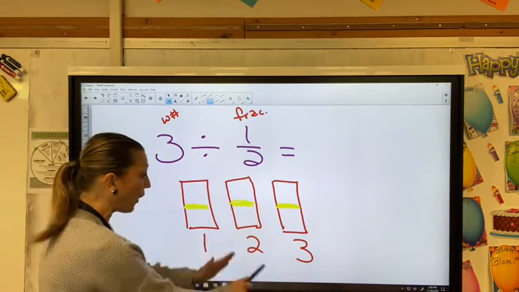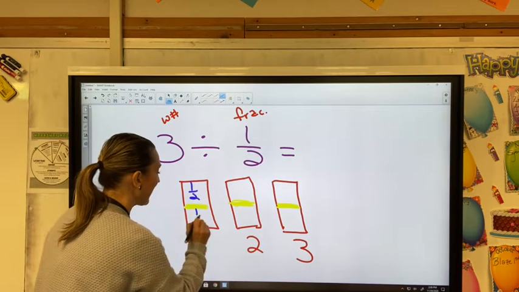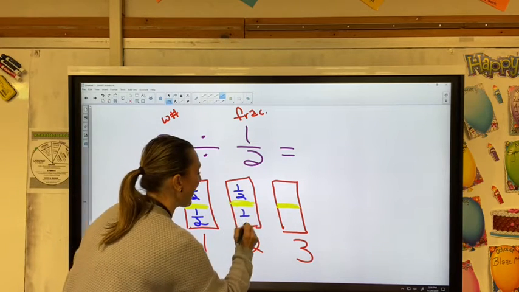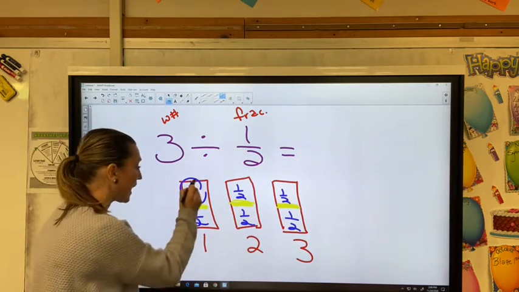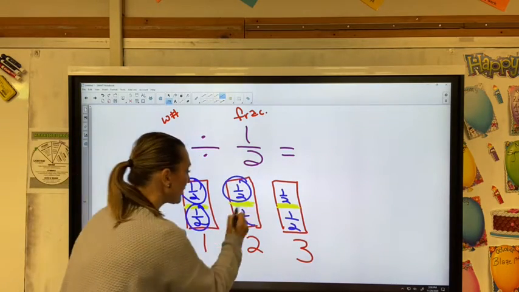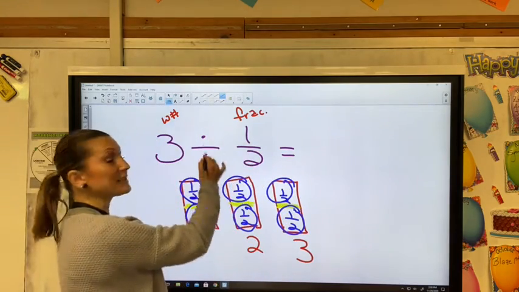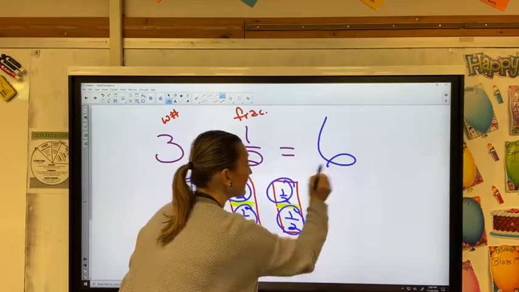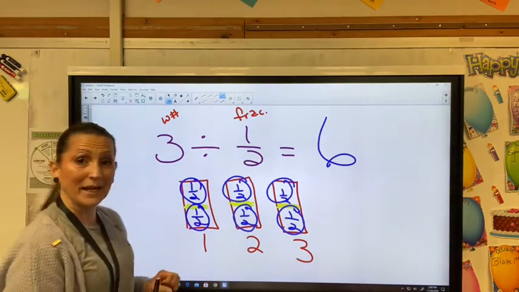If you have 3 wholes and you divide them into halves, how many halves do you now have? Well, I think you can see that you have 1, 2, 3, 4, 5, 6. So the answer to 3 divided into halves is 6.